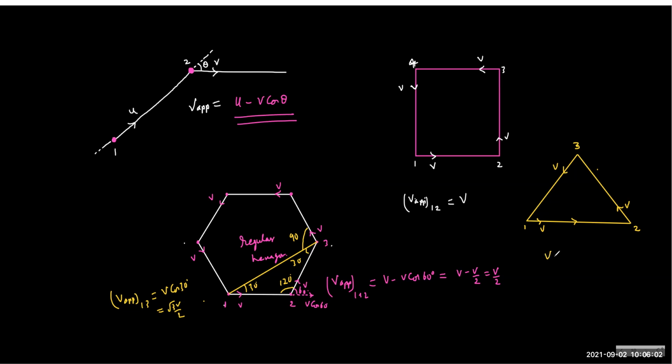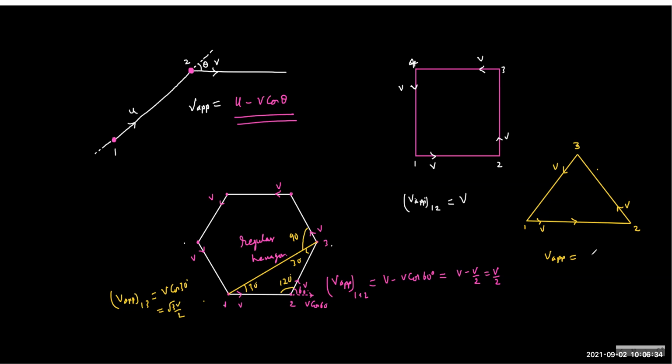So what is the V approach here? Just find any two, because it's the same for every pair.